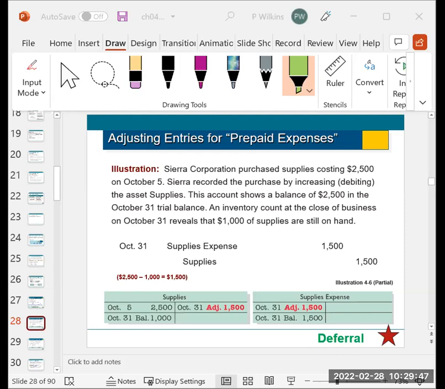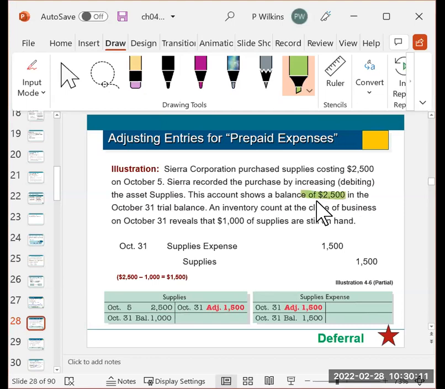This account shows a balance of $2,500 in the October 31st trial balance. An inventory count at the close of business on October 31st reveals that $1,000 of supplies are still on hand. So remember, the number we want is what was used. So what they're telling us is that we started with $2,500, right?